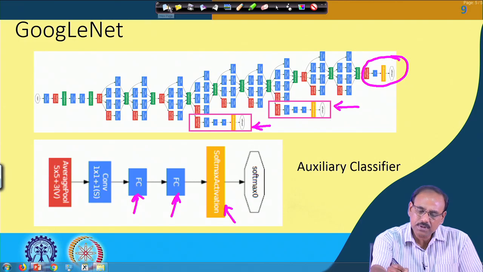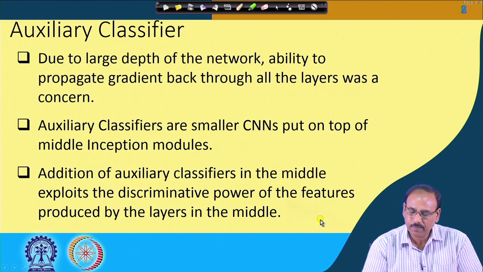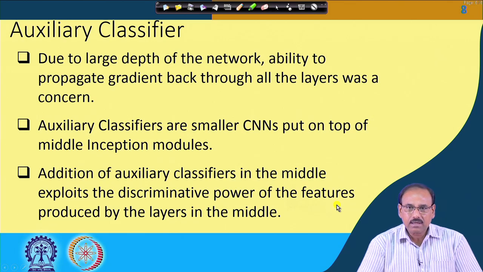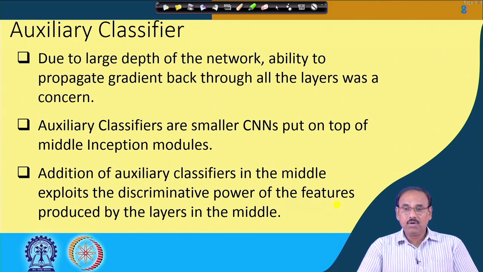So what is the purpose of having these auxiliary classifiers? As we have told before, you have the vanishing gradient problem because of the depth of the network. While training, as we try to propagate the error or the gradient towards the early layers of the network, the gradient almost vanishes.